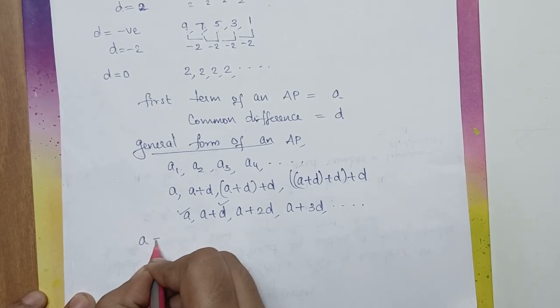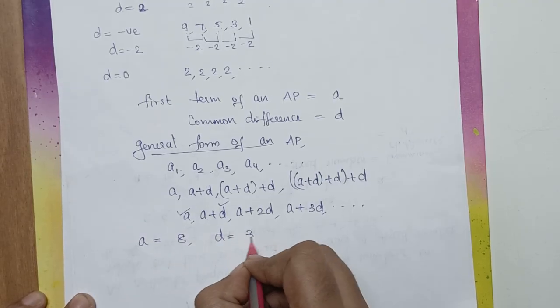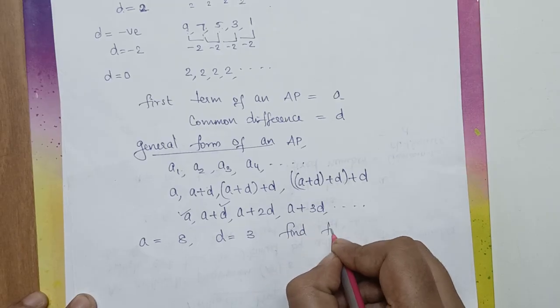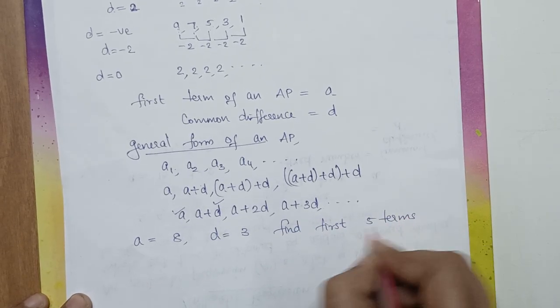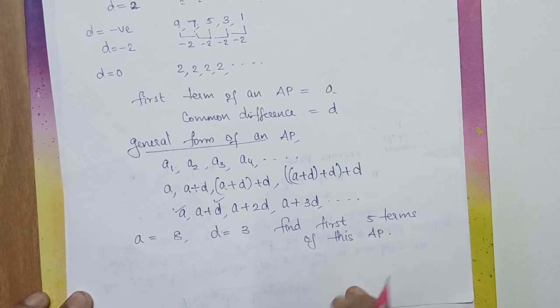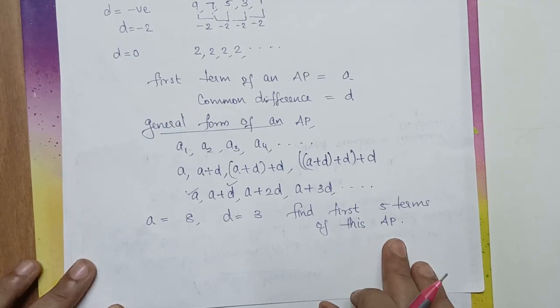Given A is equal to 8 and D is equal to 3, we need to find the first 5 terms of this AP.